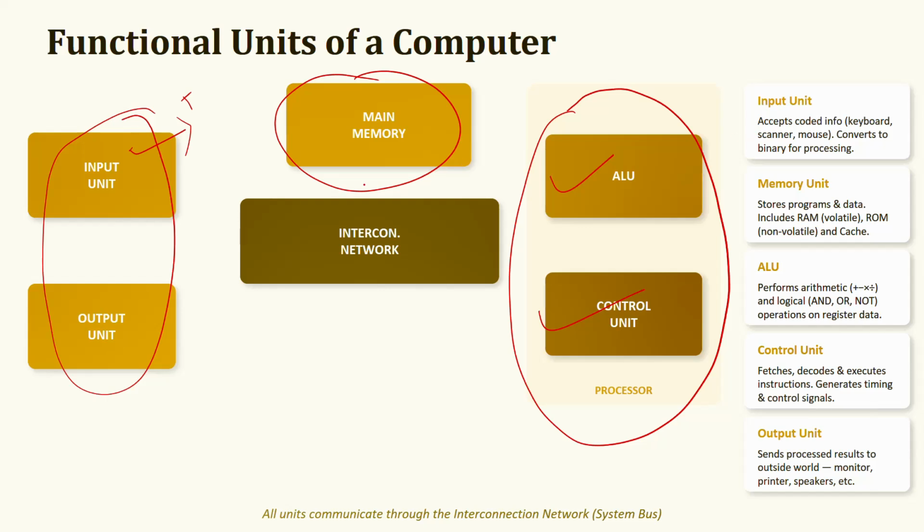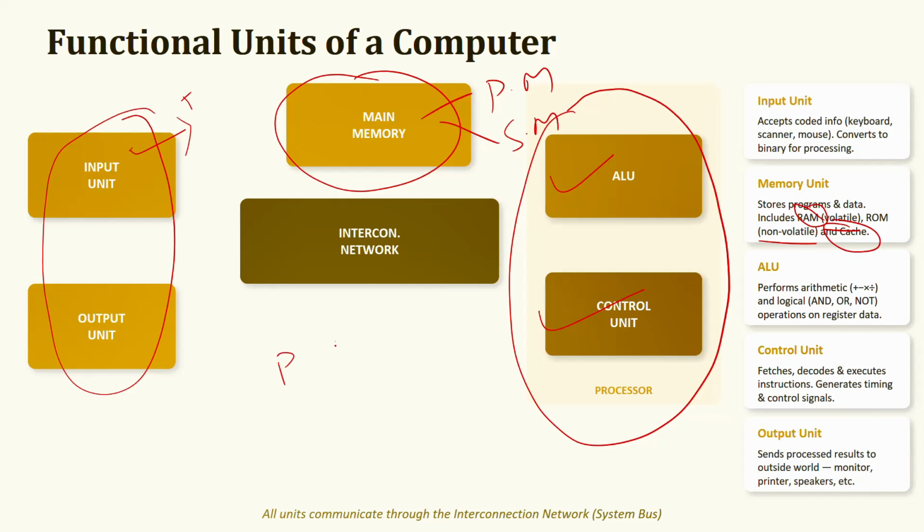The main memory offers two subdivisions: the primary memory and the secondary memory. The primary memory relates to random access memory and the ROM, the read-only memory. These two memories are categorized as volatile and non-volatile, and the cache memory comes under the RAM.